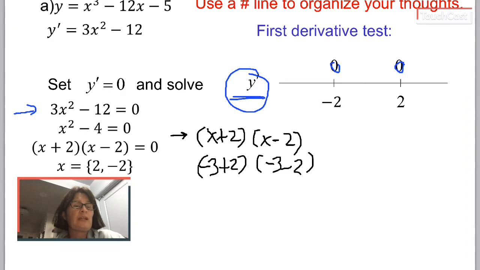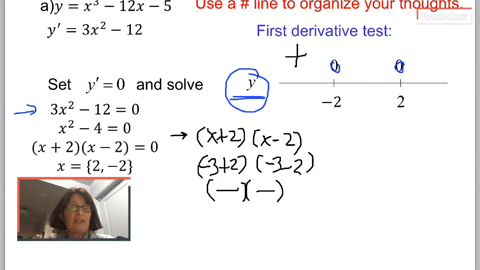That simplifies to -1, which is negative. -3 minus 2 is also negative. If I multiply a negative number by a negative number, the result has to be positive. So since I was testing a number to the left of -2, I now know that any x value to the left of -2 that I use in my derivative is going to give me positive results for the derivative.